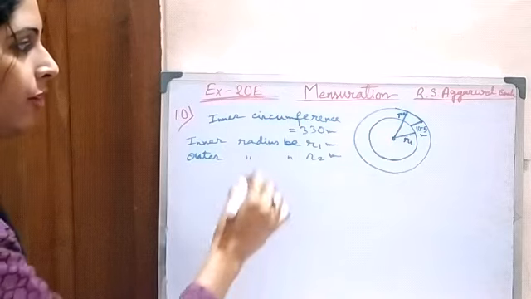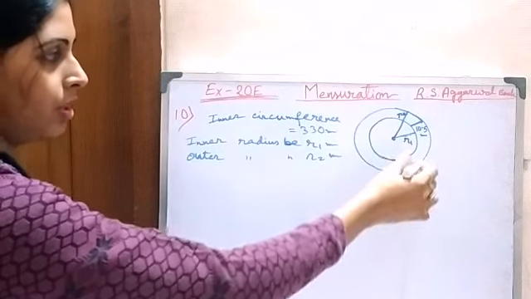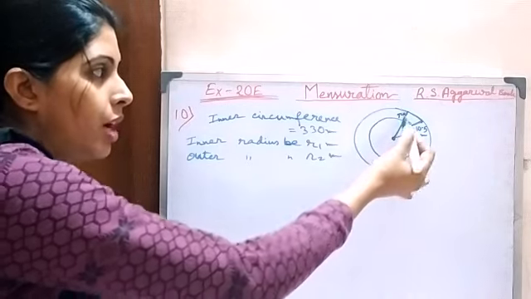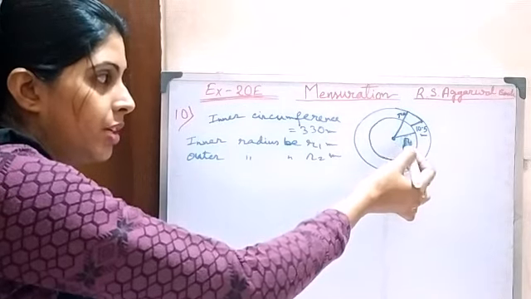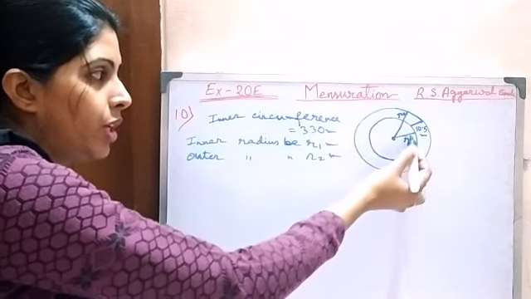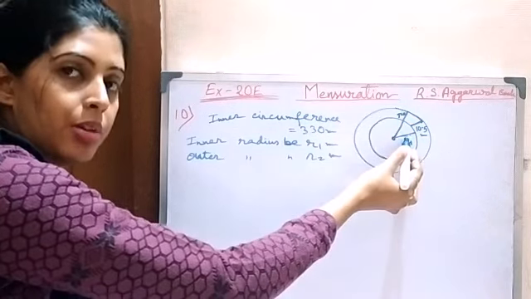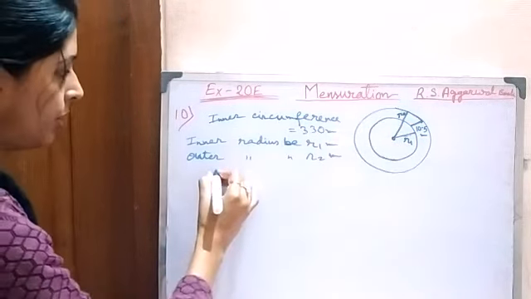Now at last we will find out the outer circumference. That's why we need R2, which is not given here. So to find R2 we need R1. By using the inner circumference we will find out R1. So let's find out.